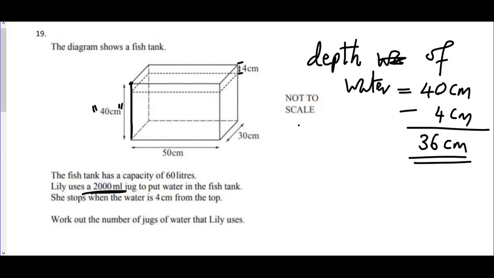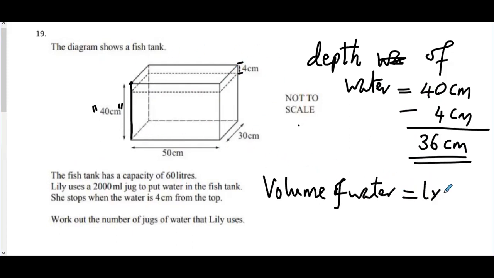Now we want to calculate the volume of water that has been put inside by Lily. The volume of water, because this takes the shape of a cuboid, will be length times width times height. Now length will be 50, width will be 30 centimeters, but the height will not be 40.